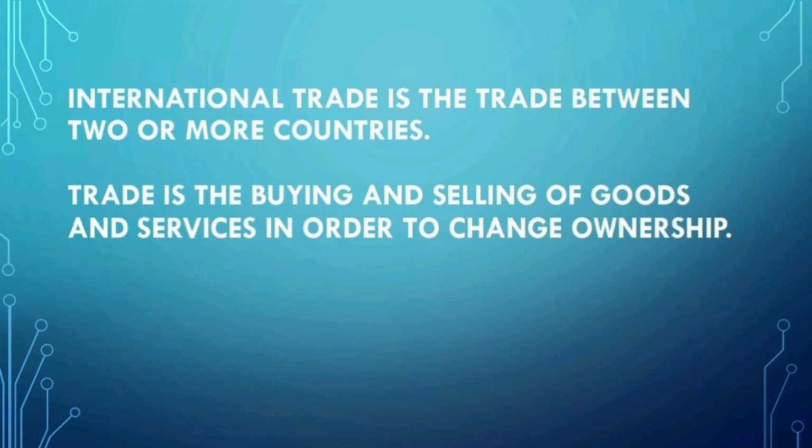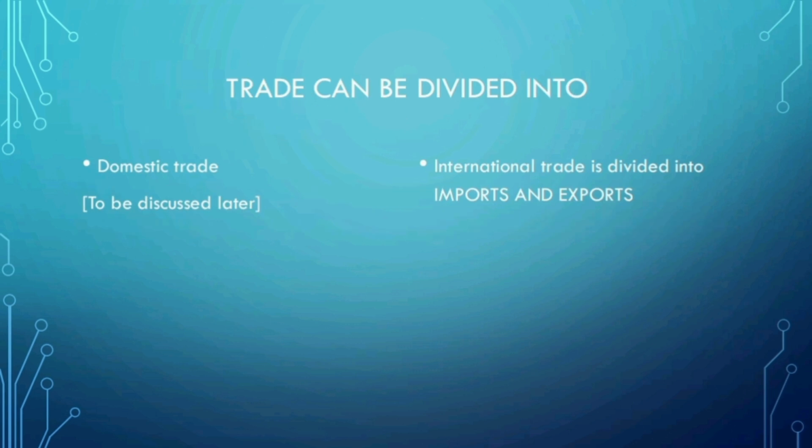When your country is buying something from another country, we call it international trade. Or when another country is buying something from your country, it is called international trade. So that is international trade. I hope you have understood what international trade means. Trade in itself can be divided into two: domestic trade and international trade.